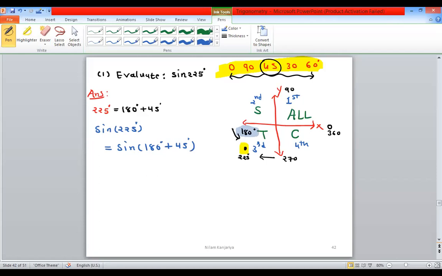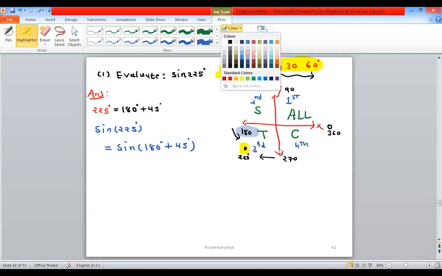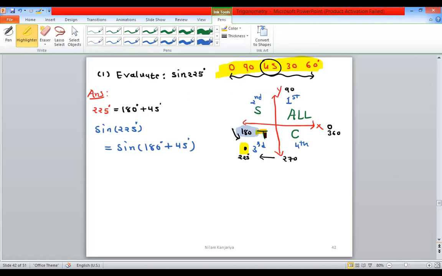In the third quadrant, which trigonometric functions are positive and which are negative? In your trigonometric ratios, tan and cot are positive and the remaining are negative in the third quadrant. So here sine is negative in the third quadrant, so it will give you a negative result.